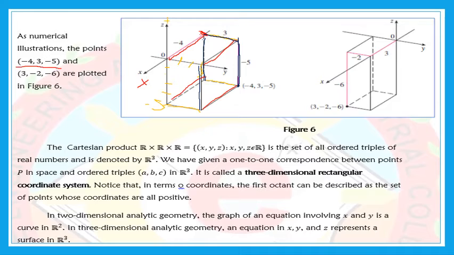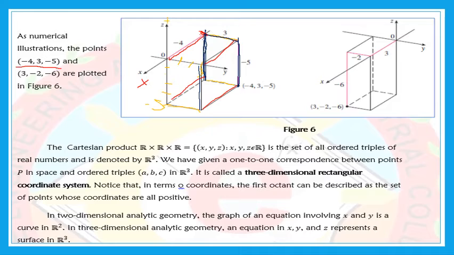Then mag-construct tayo ng blue line, na dapat distance na 5 kasi parallel sa z-axis, kasi z-coordinate yan na equals to negative 5, para mabuo natin ang rectangular box.